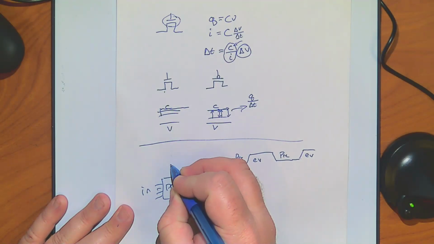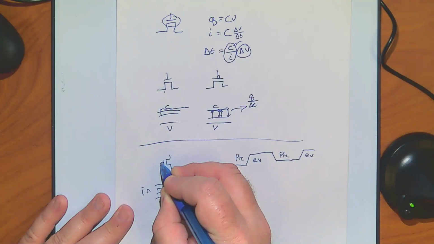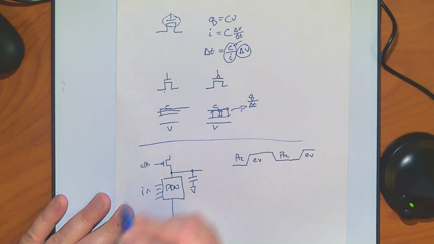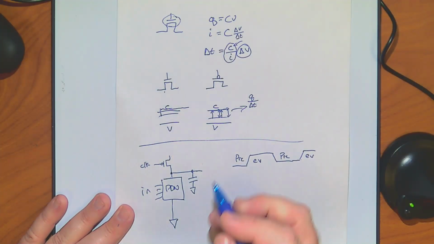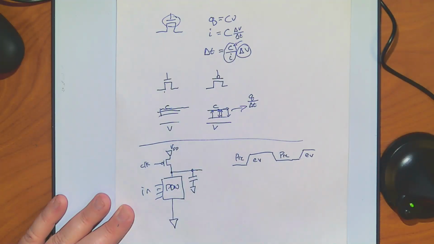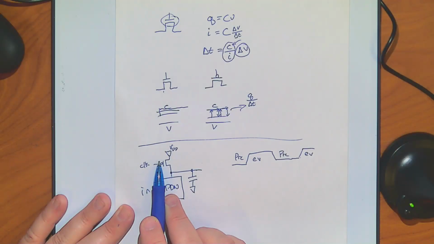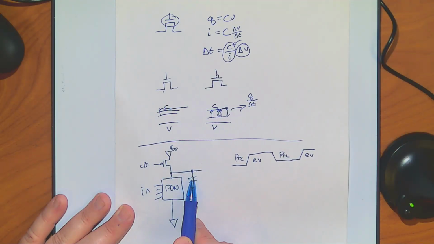So I could come in here and put just one of those P gates back in, and I hook it to my clock. All right. Now, when clock is low, this will open and I'll be connected to voltage, so it will charge this. Does that make sense?